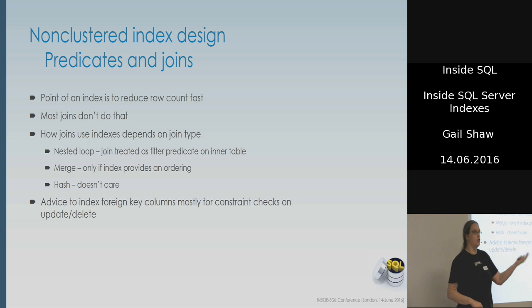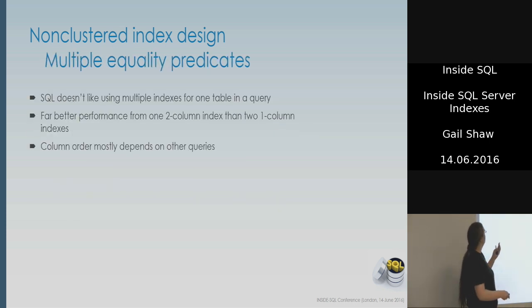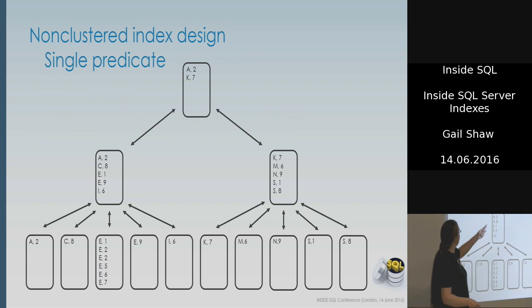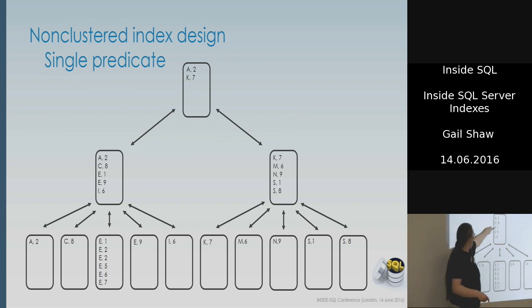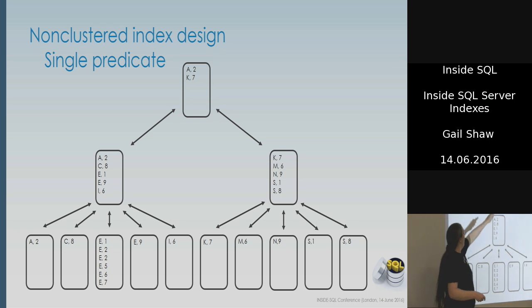Remember, indexes are logically sorted in order of their keys. So if I was filtering on column 1 and joining on column 2 and it was a merge join, we could filter and the rows that come out are ordered by the join column, which is perfect for the merge.